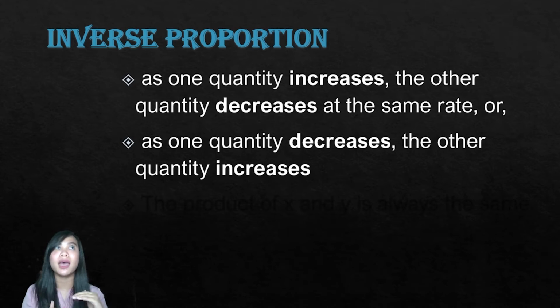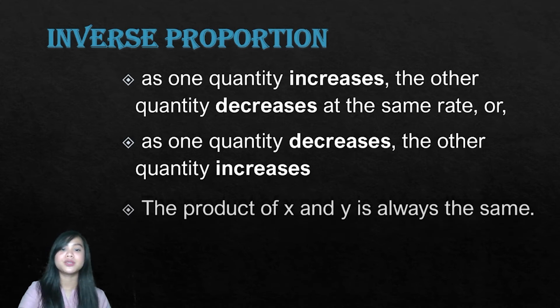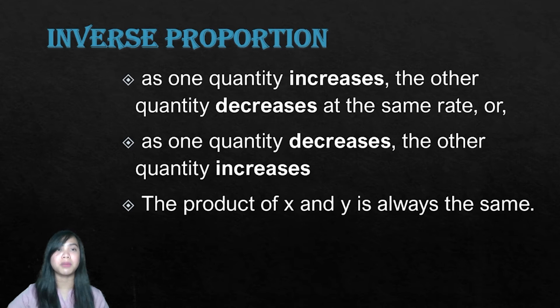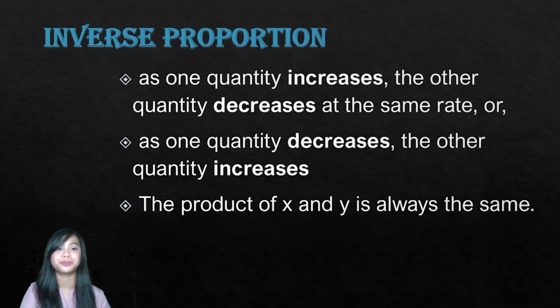So they have opposite directions. We need to remember that the product of x and y in inverse proportion is always the same. We are going to see that in our next examples later.